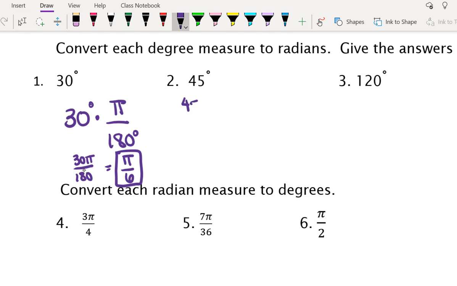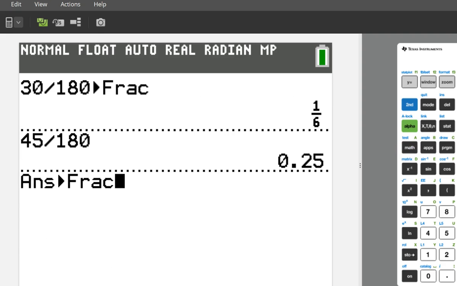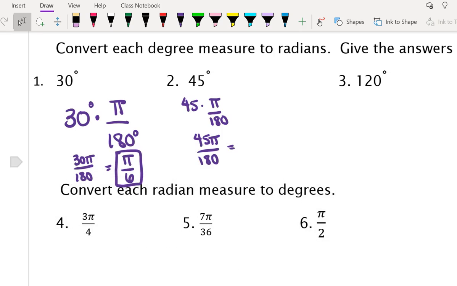45 degrees. I can make this smaller now. 45 times pi over 180. 45 pi over 180 is equal to, well, if I take 45 divided by 180, and then math fraction, it's just 1/4. So this is pi over 4.